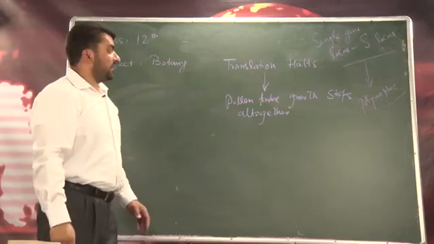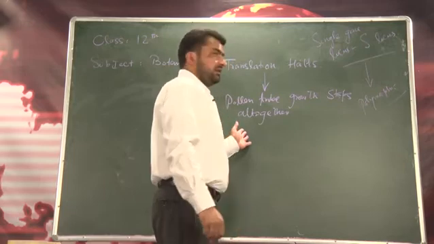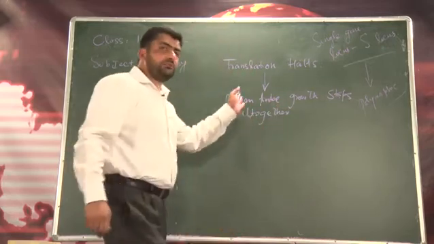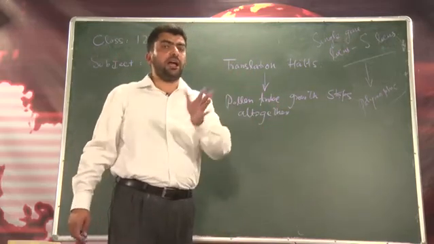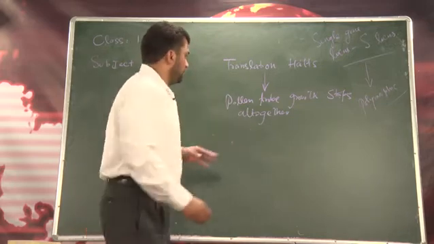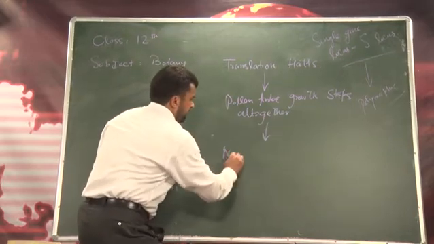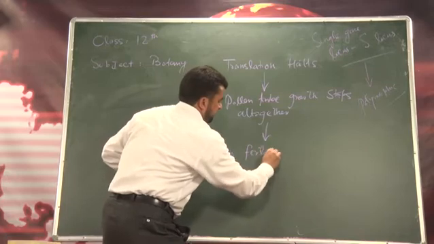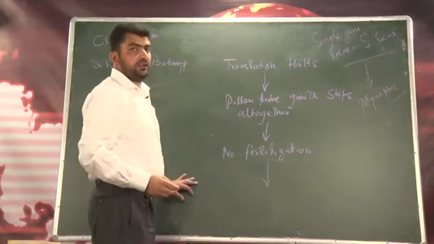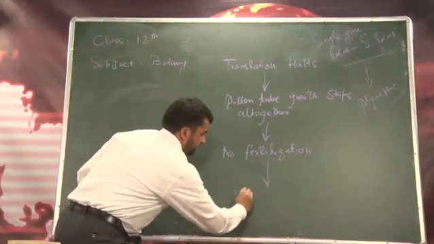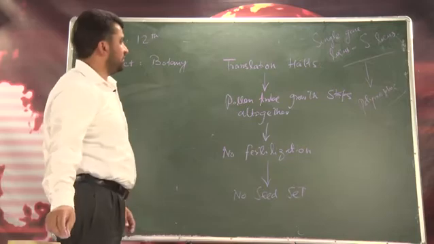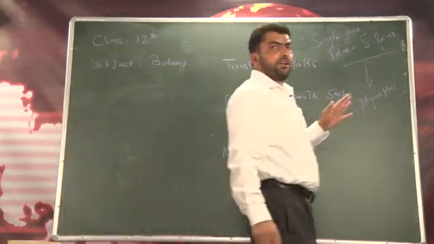When the cessation of the pollen tube occurs, there is no possibility that it may reach into an ovule or an embryo sac and bring about an effective fertilization and seed set. So, no fertilization and consequently no seed set, right.